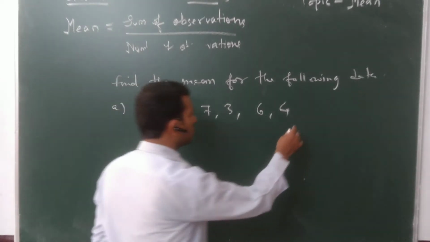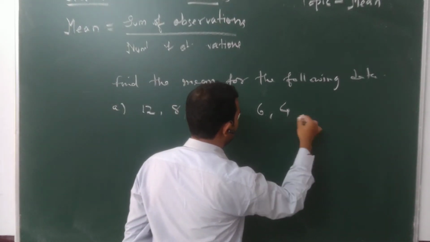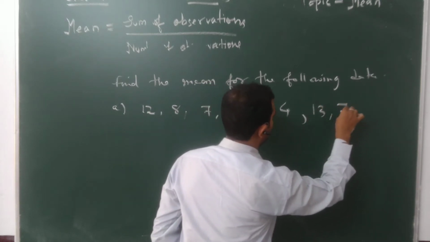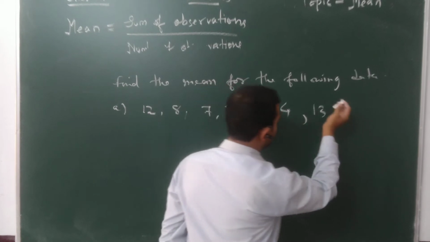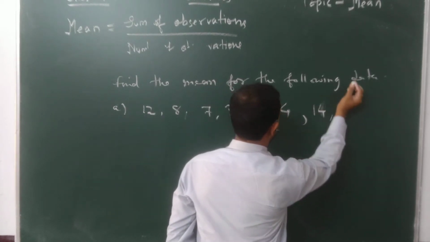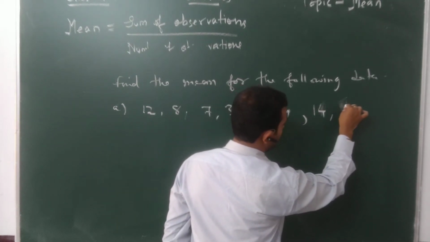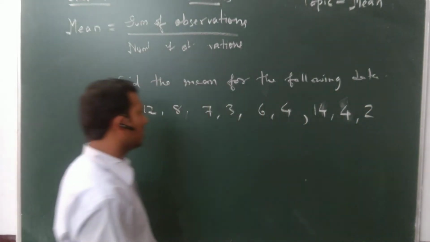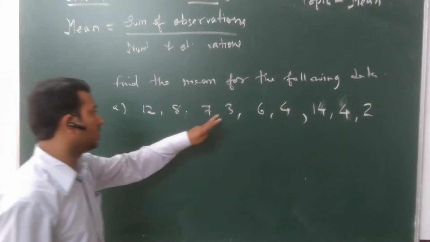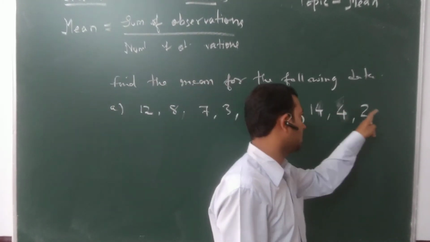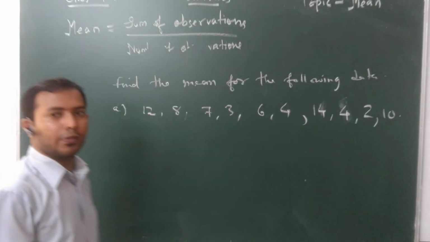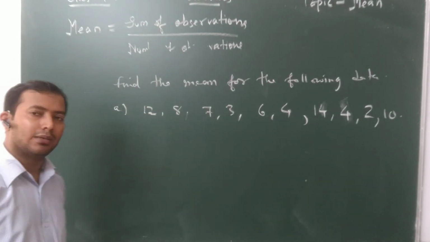You can take more also, that is 3, 7. You can take 7 repeating, and 6 also repeating. Now total count: 1, 2, 3, 4, 5, 6, 7, 8, 9, one more. Okay, total we have 10 numbers.